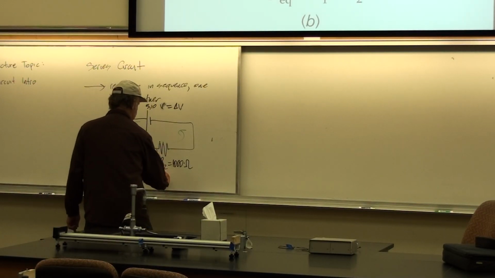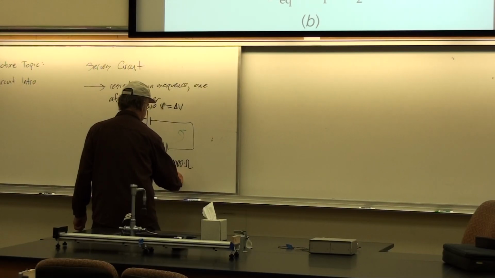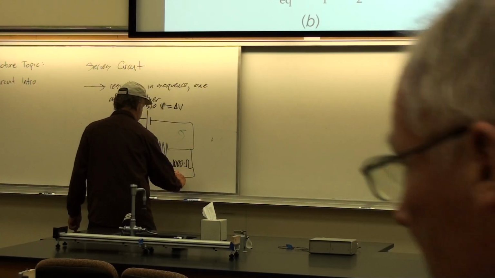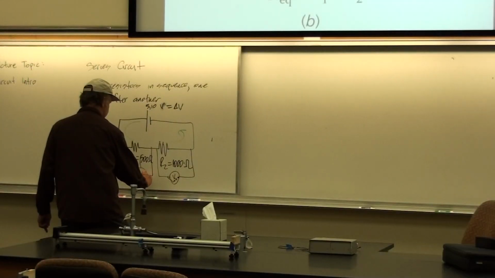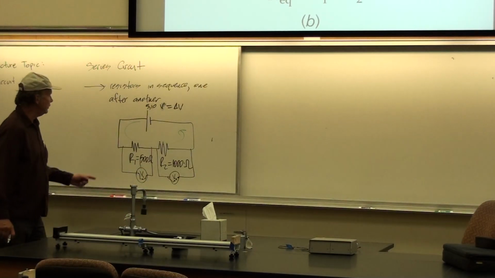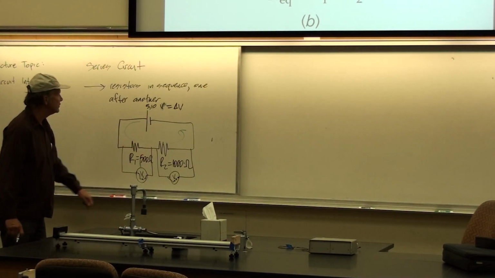If I measure the voltage across resistor 2, I'll get V2. So this just goes in on the hot and the ground side. That's really easy to do. You've already measured voltages last week, so you're just measuring across each resistor.